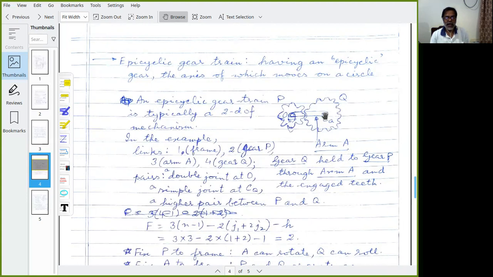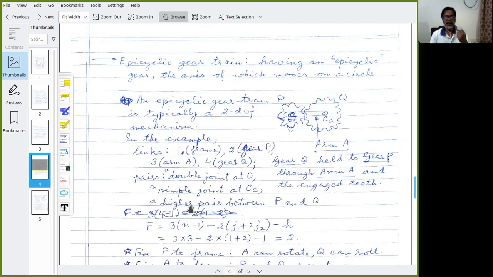At CQ, that is the center of Q, there is a simple joint between the arm and gear Q. Apart from that, there is a higher pair, the profile contact between P and Q. So these are the pairs.